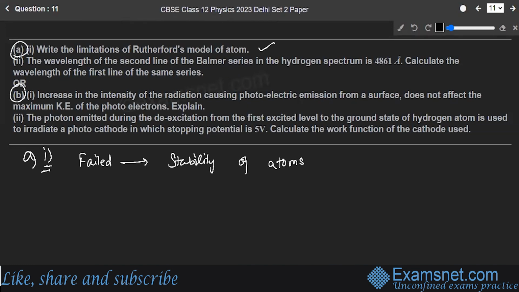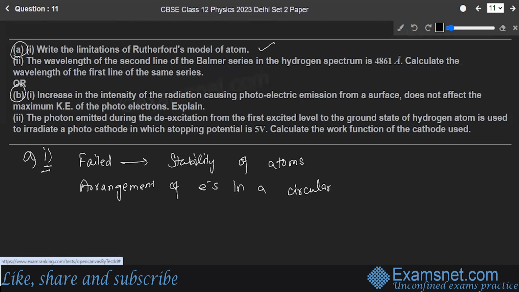Number 2, the arrangement of electrons in a circular path was not defined.